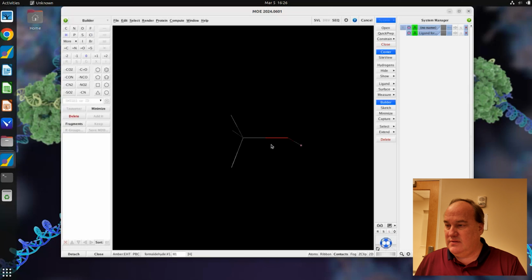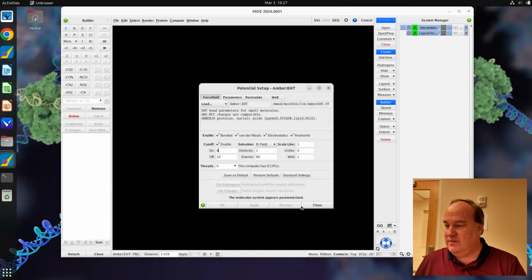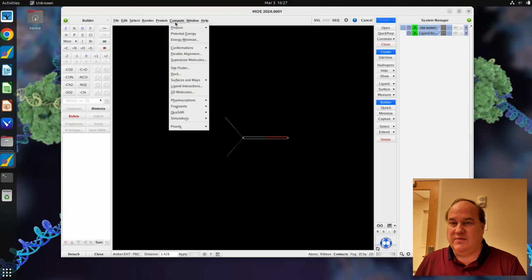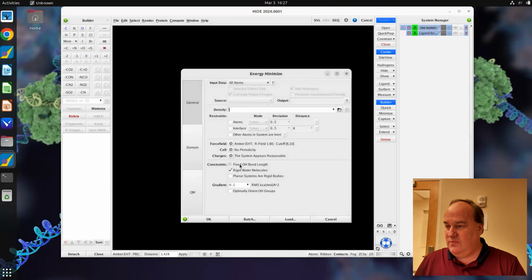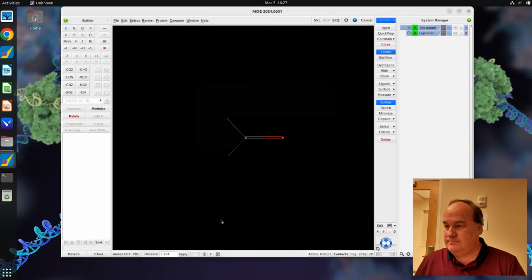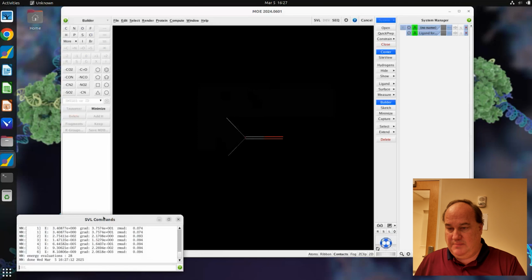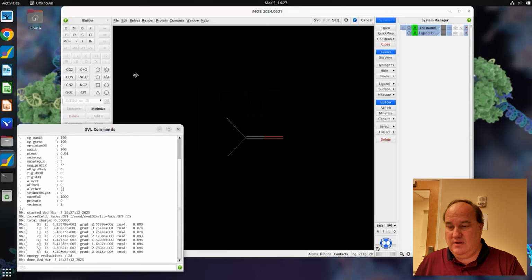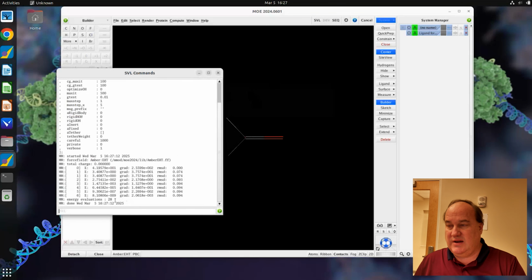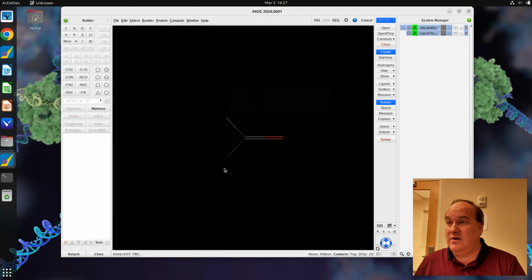Put an oxygen. I click on the bond. I make that a double. We're going to add some hydrogens. I'm just going to do a simple energy minimization in the Amber force field, like so. So now it should be energy optimized in Amber. It took us about 28 energy evaluations to get there.